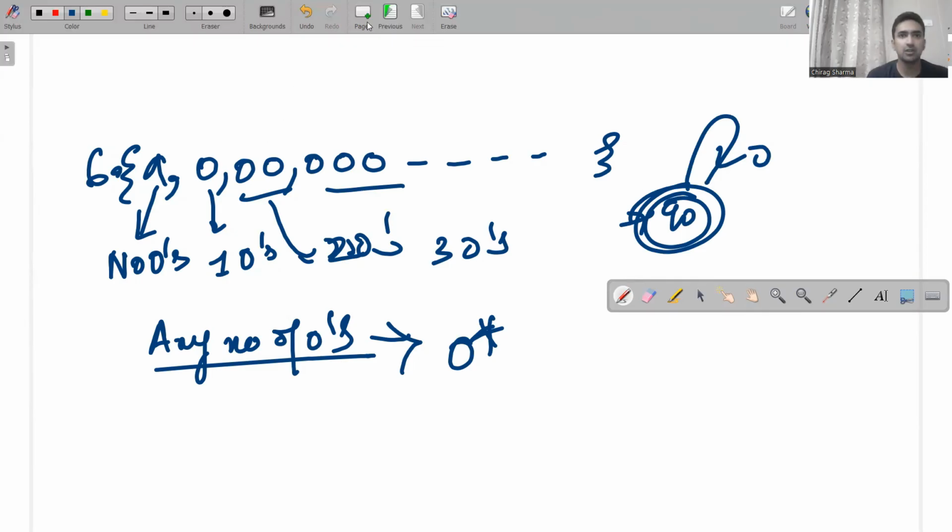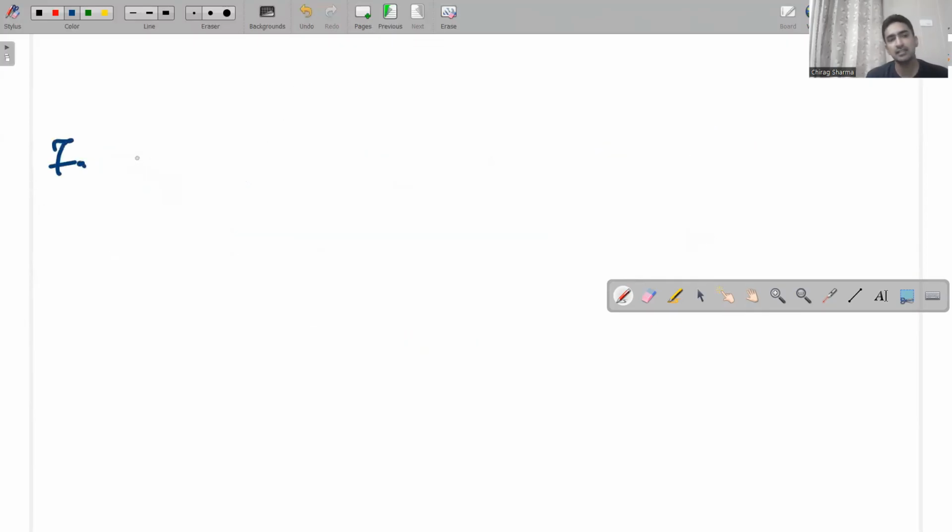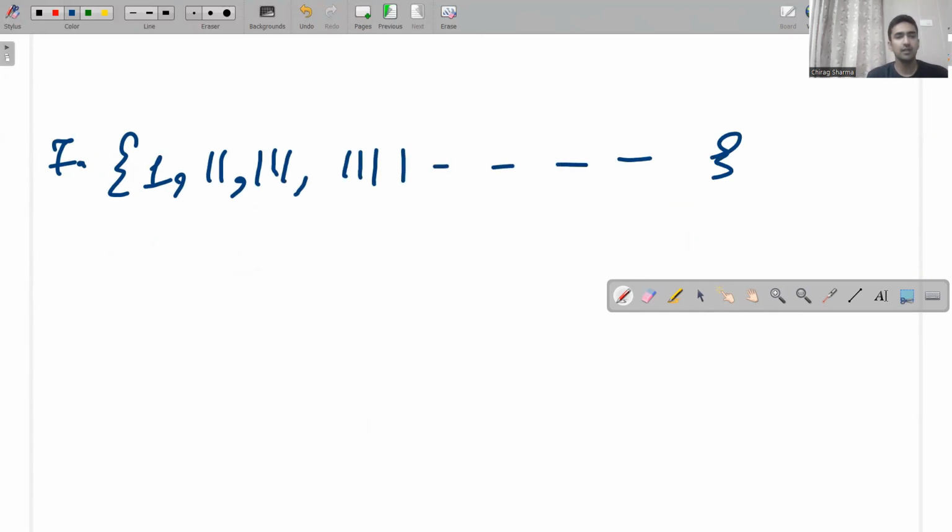And the last but not the least, they have given us 1, double 1, triple 1, 4 ones, and so on. If you notice one important factor, there is no null given. Since no null is given, by default the initial state will not be a final state.